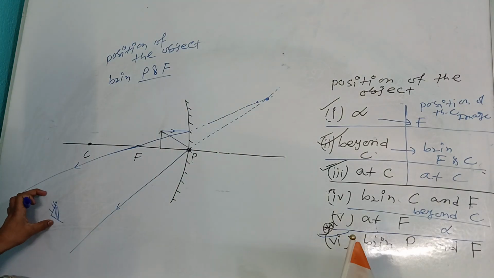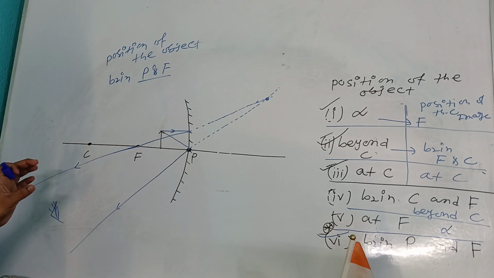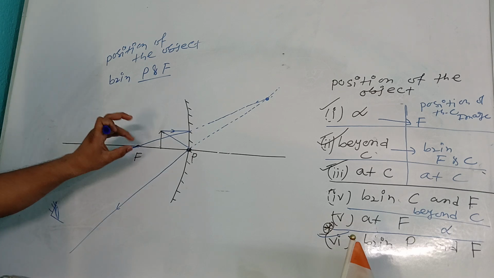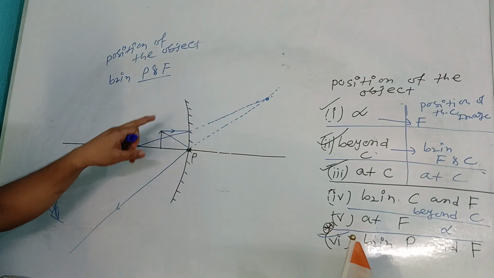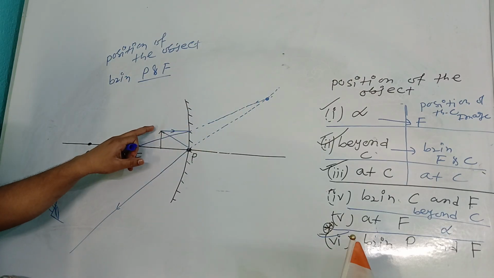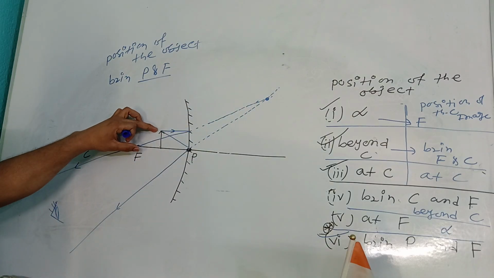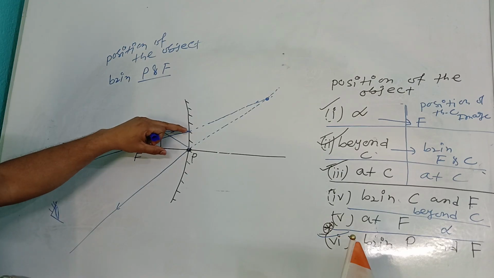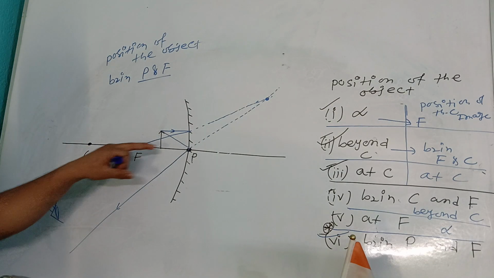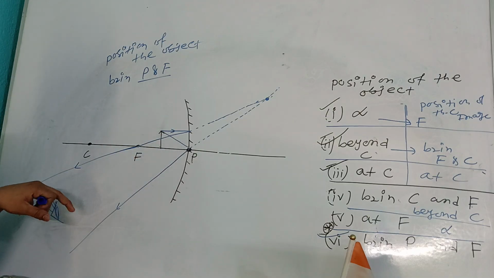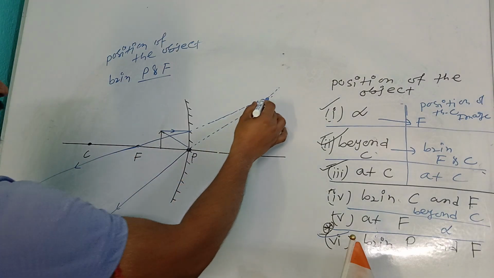So if we place our eyes here, we can feel the light rays are coming from this point instead of this. Though it is the reflecting ray, this is the object, the rays are moving from this point to that point. After reflection it is reaching here, but this is the image.